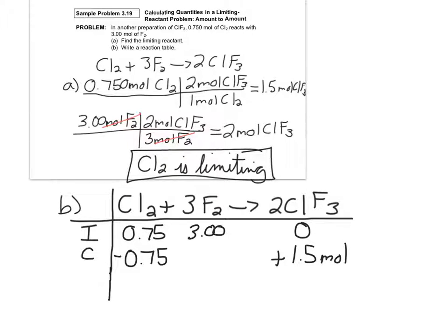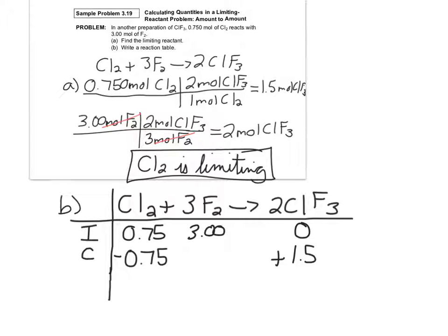And I don't need to write moles there. We'll write the moles in the end. So plus the 1.5 of the ClF3, right? The chlorine trifluoride. Let me point this out: notice I used a negative sign here, minus 0.75 for the reactant, because the reactant's getting used up, right? I used a plus right here for the change of the products because the products are being formed. This concentration is increasing, so plus 1.5.